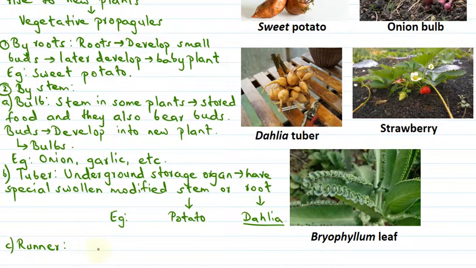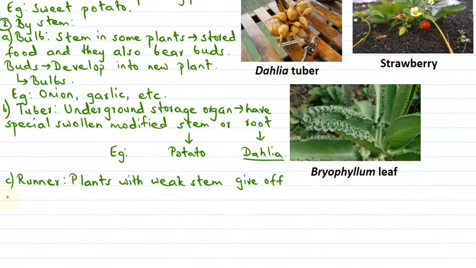Plants with weak stem give off roots, and this happens whenever the stem touches the ground.